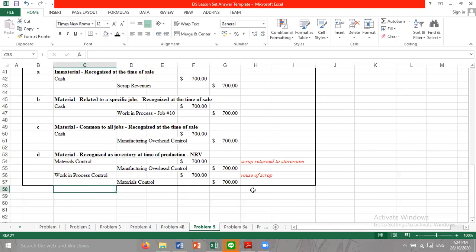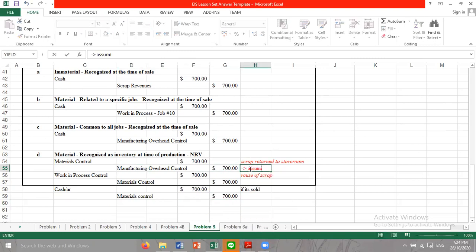Oh, if it's sold, then we will recognize cash or AR, and we will recognize materials control as much as the sales value as well. Now, this is assuming we use manufacturing overhead control, assuming it's common.